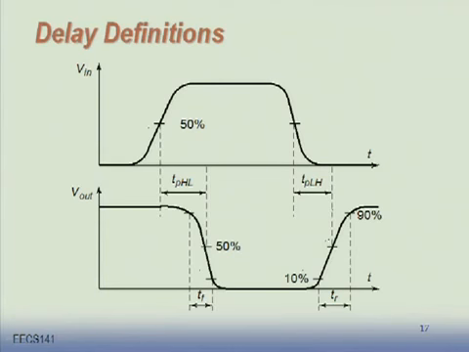Now, when you open a catalog nowadays that gives propagation delay, that talks about the technology, say open the book for the 32 nanometer technology or 45 nanometer technology, you'll find out that the delays are sometimes defined at 40% of VDD, sometimes defined at 45% of VDD.